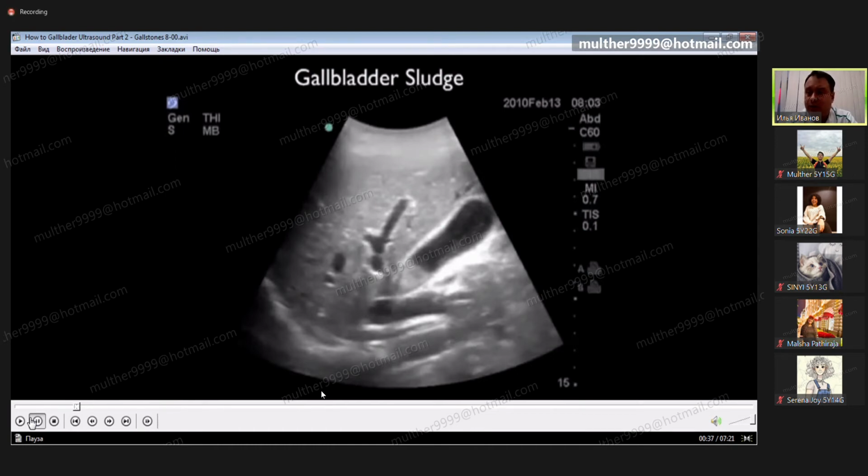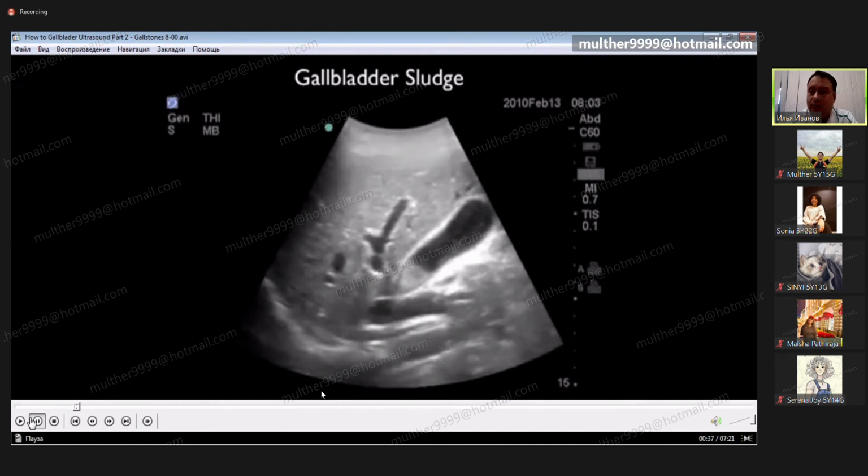Because the liver is not a device for the full production, it's an organ, and minimally we need to wait 30 to 40 minutes for the normal volume of the bile production by the liver.